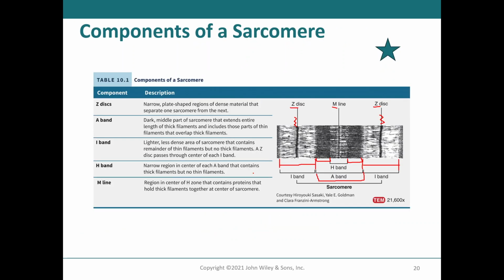So these are kind of important because they allow us to know where structures are, what's moving, and where things are going.